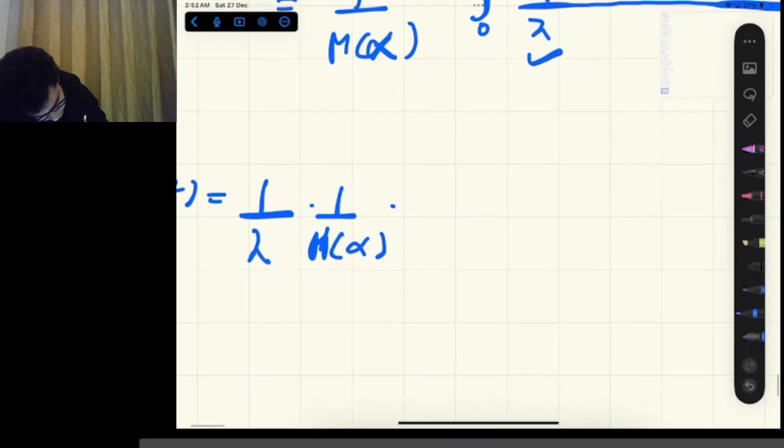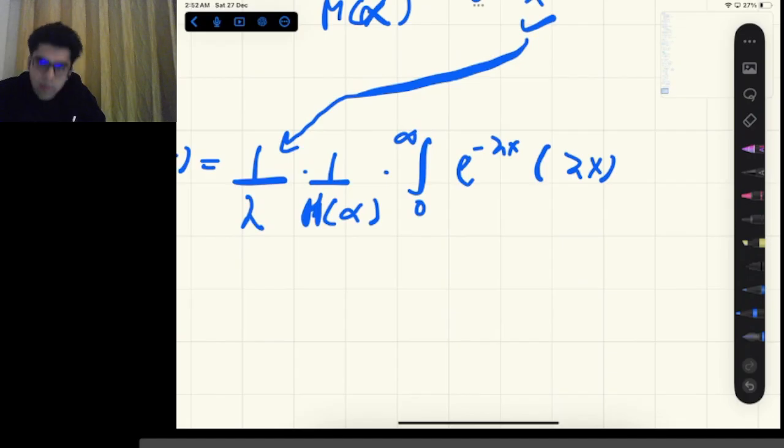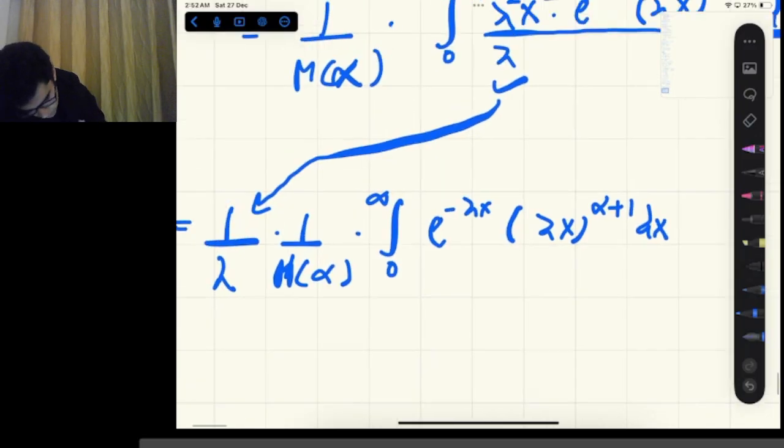Right. So this becomes now 0 to infinity, this denominator is out here. Now this becomes e to the power minus lambda x, and lambda x. Now this was alpha minus 1, and alpha minus 1 plus 2 becomes alpha plus 1. Right.